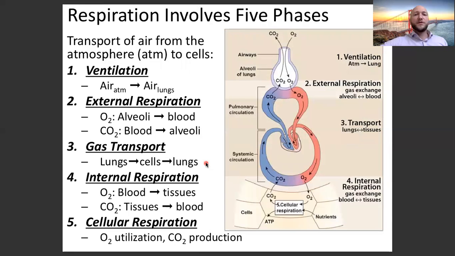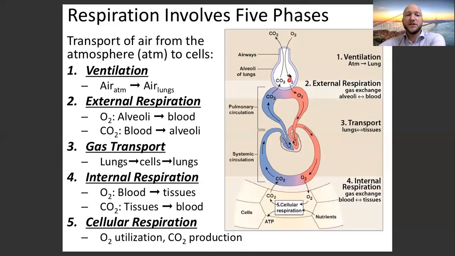So our respiratory system involves five phases. This is kind of big picture stuff. What is the journey that O2 and CO2 need to go on? Well, the first step in the journey is ventilation. We need O2 to move from the atmosphere into our lungs.